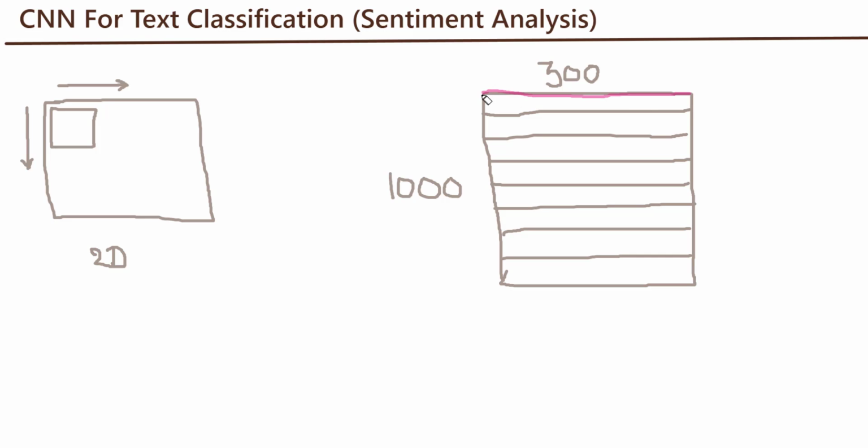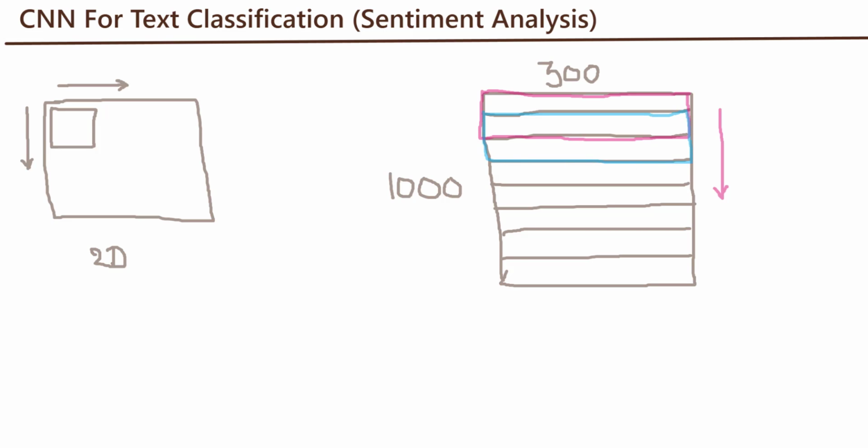Now filter size might be 2 by 300 and this filter will convolute over the image in only one direction. So in the next timestamp the new position for this filter will be something like this.